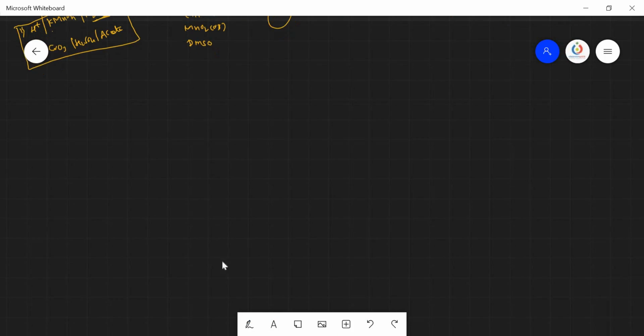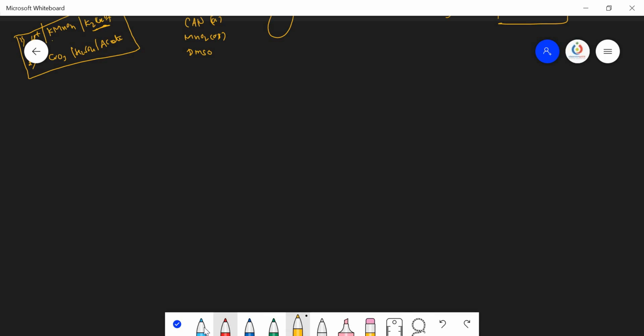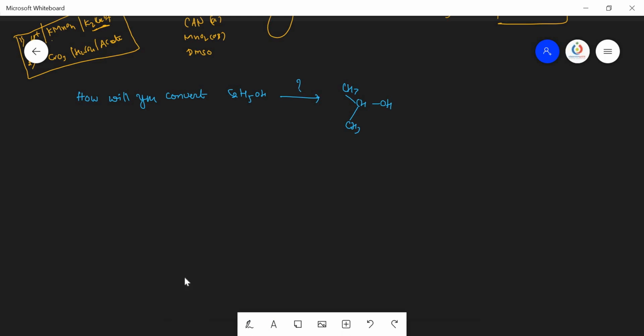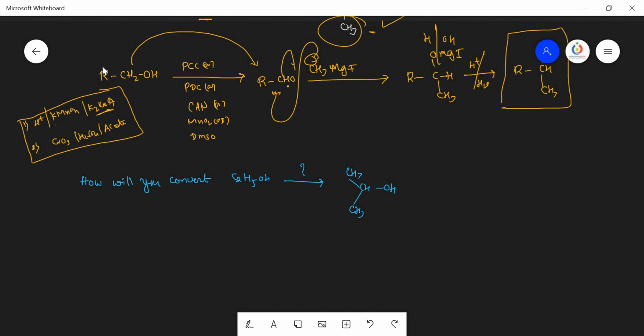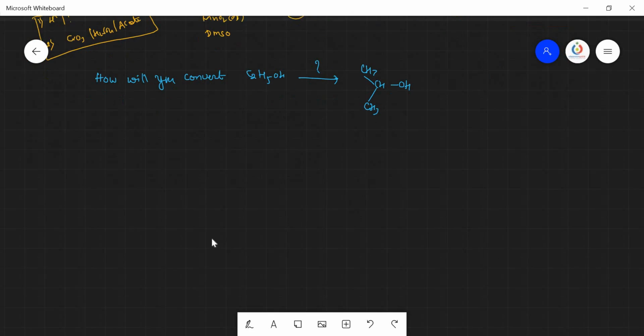Now let us take another problem. How will you convert ethyl alcohol into isopropyl alcohol? What is the procedure? I have taken the methyl alcohol here, normal. In this place R you put the CH3, then you will get the molecule.